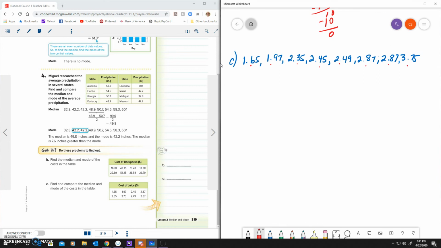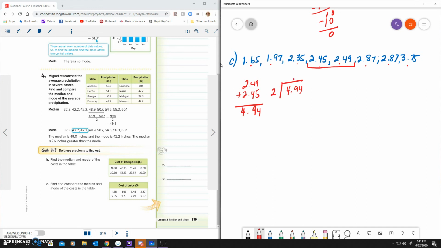So we're going to take the 2 in the middle, which are these 2 right here. 2.45 plus 2.49. Let's fix that. And we get a total of 4.94. 4.94 divided by 2.